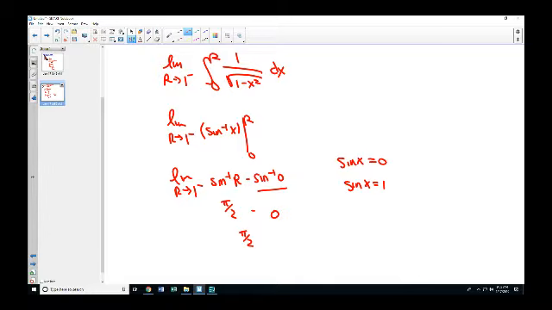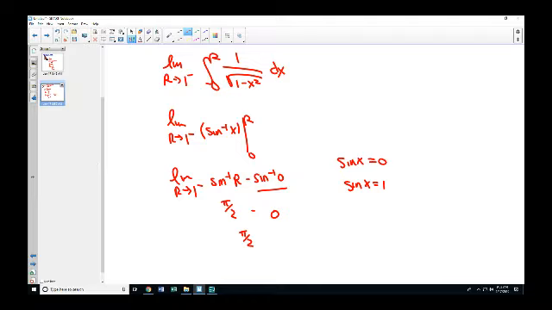Wait, but pi over 2 is between 0 and 1? No, it's not, actually. I might have explained that wrong. It's not actually an x value calculation.